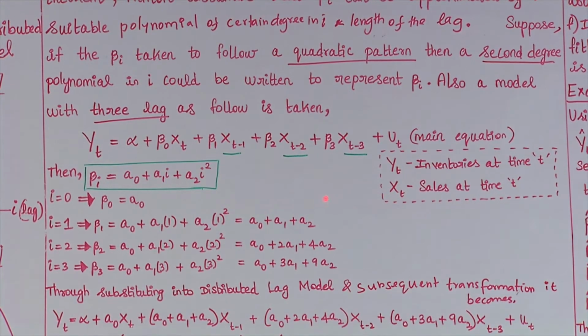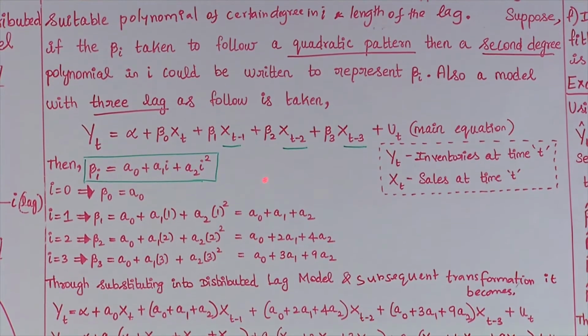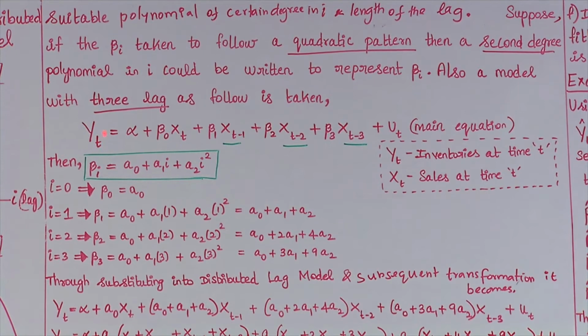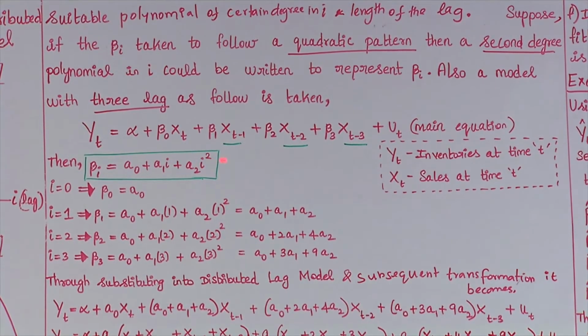This equation can be taken as an inventory model, where Yt is the inventory at time t and sales at time t is taken as xt. So you have inventory determined by sales. By this model you have 3 lag lengths, and the effect pattern is taken as quadratic.